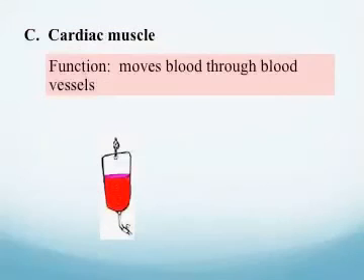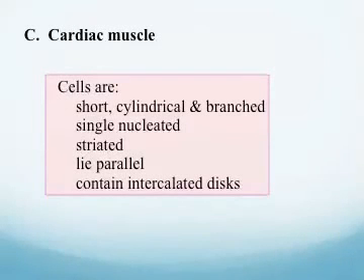Our last type of muscle is cardiac. And this is the most obvious and straightforward. This is what moves blood through blood vessels. These cells are kind of a combination of skeletal and smooth. They're short, they're cylindrical, but they're branched. Cardiac muscle cells have only one nucleus.